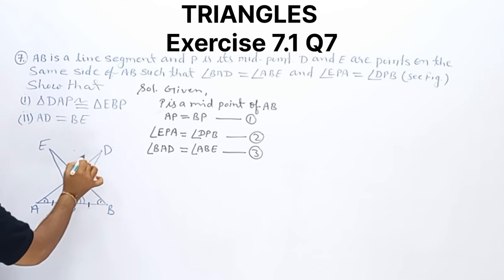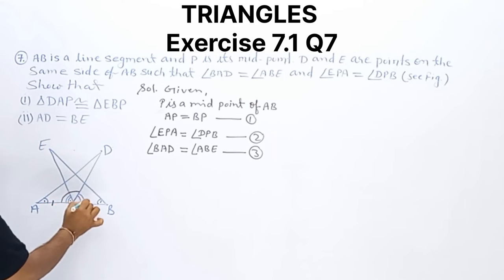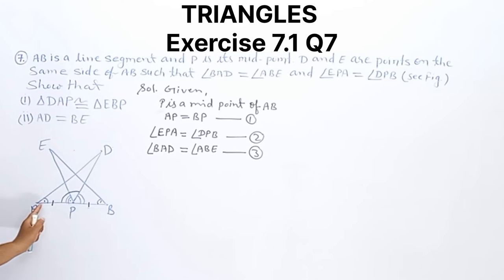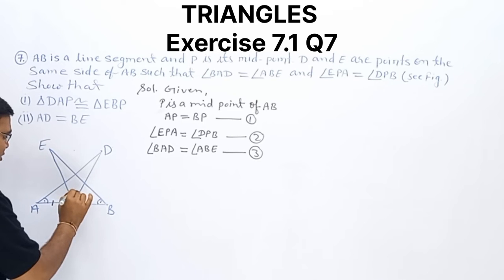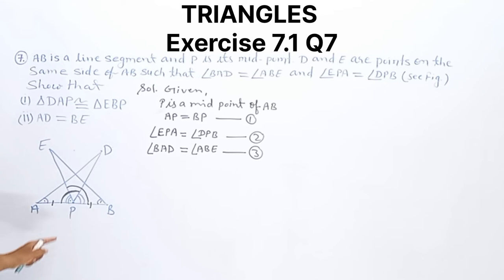For these two triangles, one side we are having equal, AP equals BP, and this angle equals this angle, but we want this angle to be equal to this one. Then we can say these two triangles are congruent.